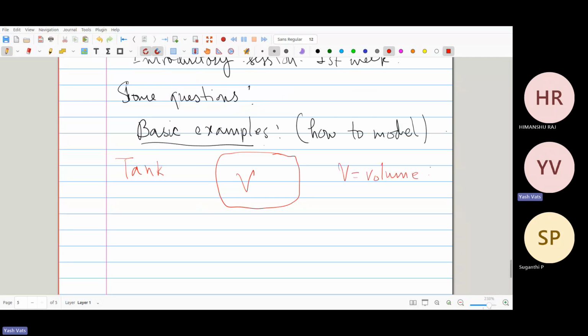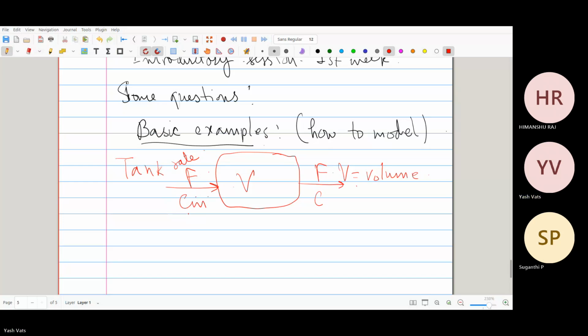There is an inlet stream with flow rate F and concentration C. So you have water coming into the tank with concentration C in and flow rate F. Then it is going out with the same flow rate F and concentration C.